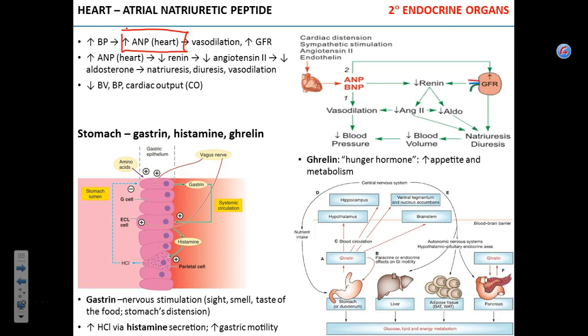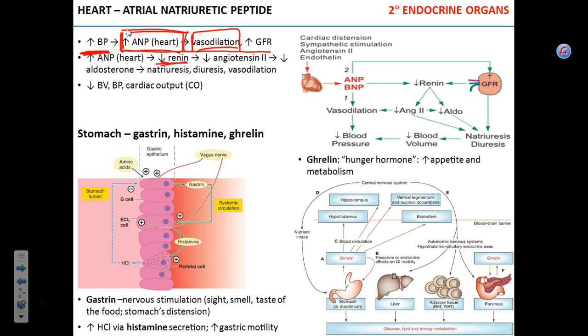We talked about it. If somebody has high blood pressure, atrial natriuretic peptide goes up. One of the effects is vasodilation. Blood vessels dilate, pressure drops.